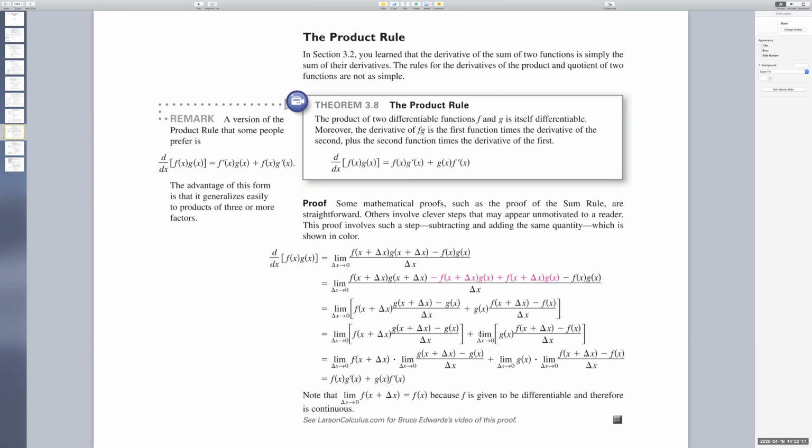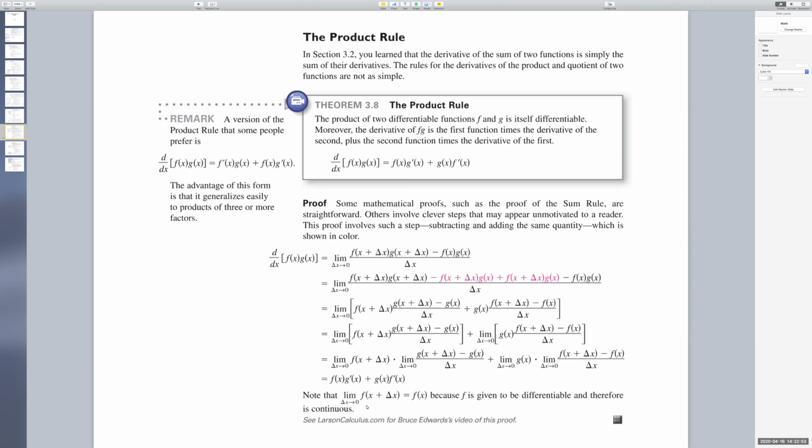And in each of the functions, you can see that this is f of x plus delta x times, this looks like the derivative of g of x, right? When delta x goes to 0. And again, in this function, you will see g of x times the derivative of f of x here. And as a result, the derivative of f of x times g of x equals f of x times g prime of x plus g of x times f prime of x.